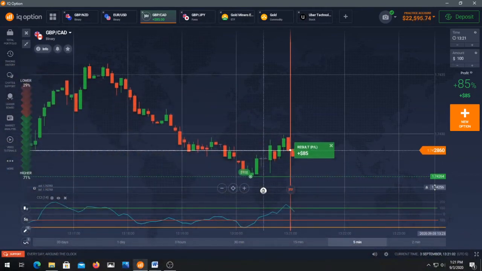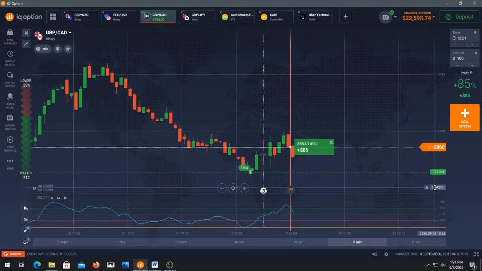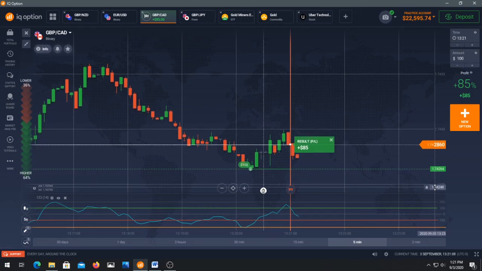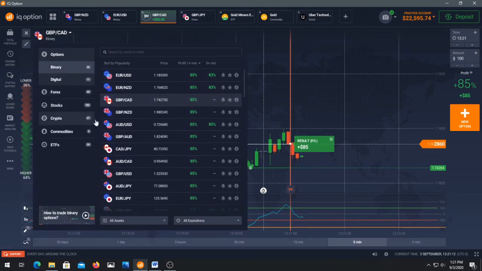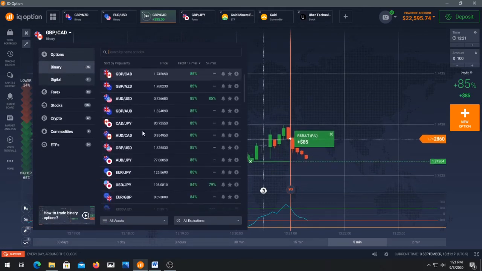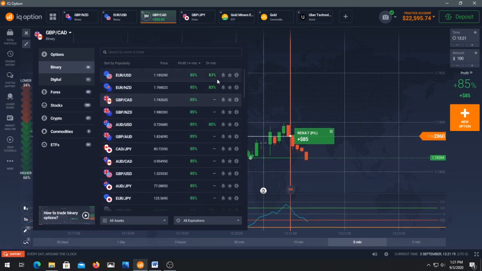There are many pairs out there. If you don't see the setup that you're looking for in a particular pair, then you can always switch over to another pair. You go here and you can choose whichever pair you want to trade. As I said, the returns are there.